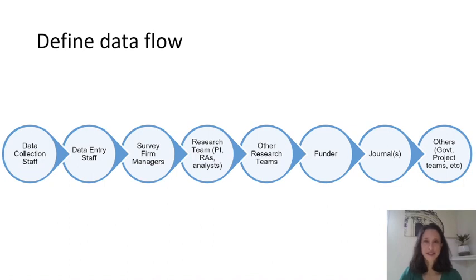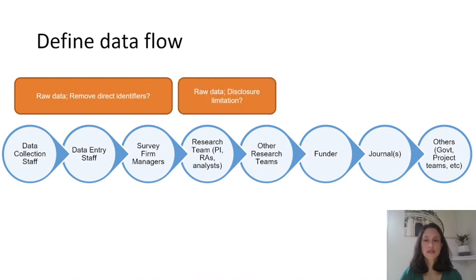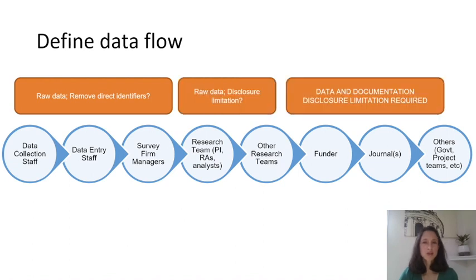Journals, of course, an ever increasing number of journals requiring code and data that underlies the journal article to be published alongside the journal. And other actors familiar with the data who may want access to it. So thinking through this list of data handlers, early in your data collection design and study design, thinking through, well, who should have access to what when?